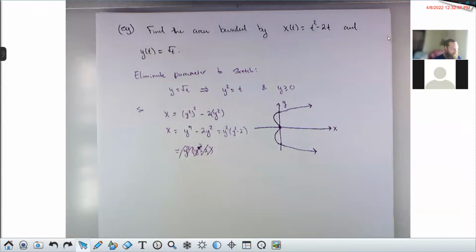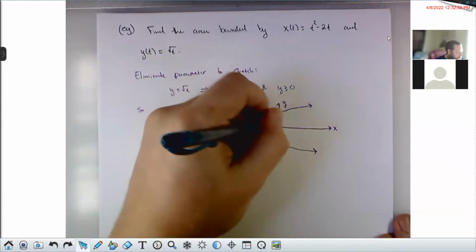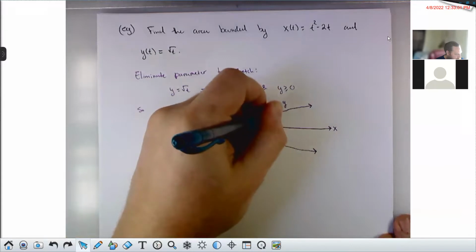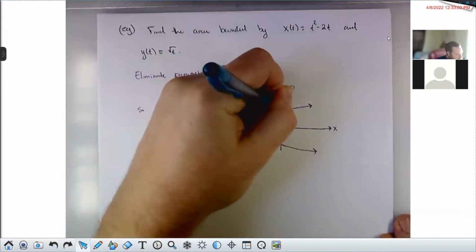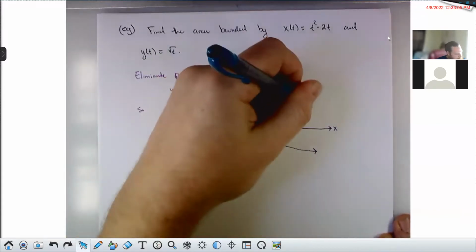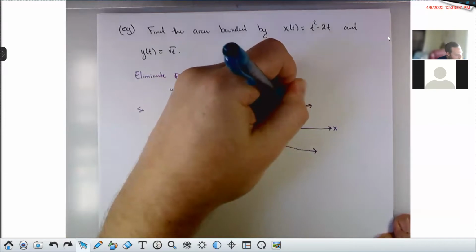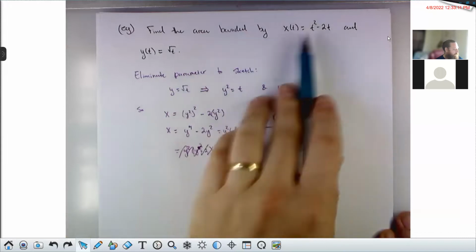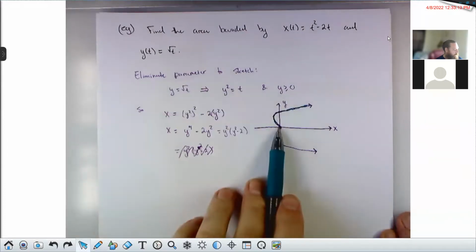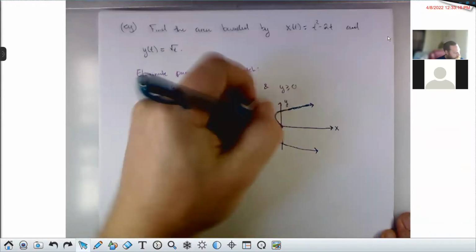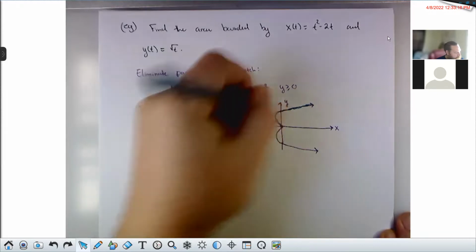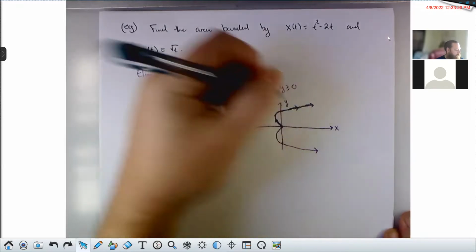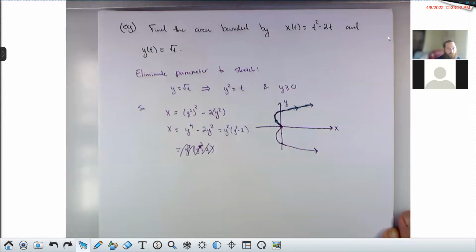So we're going to take the upper half, this part, as our parametric curve. When t is 0, we're starting at the origin, and as t increases, y increases. So this is the orientation of the curve.